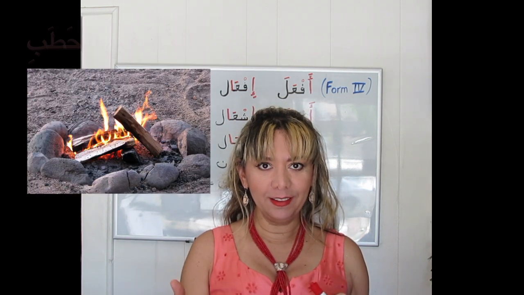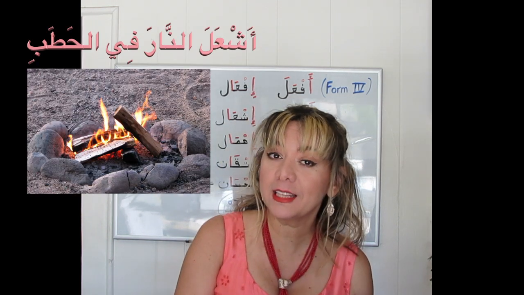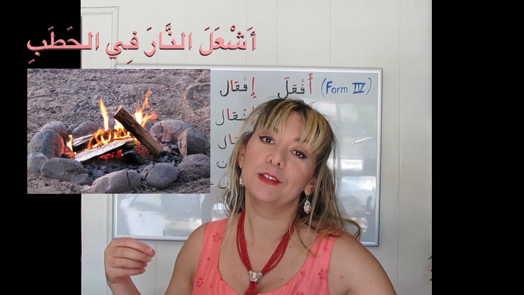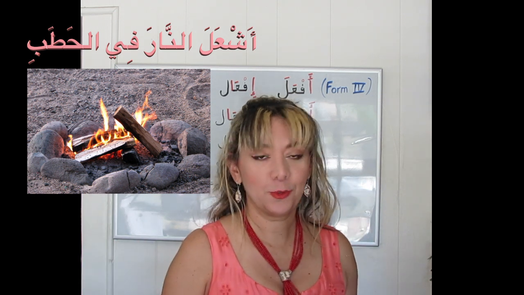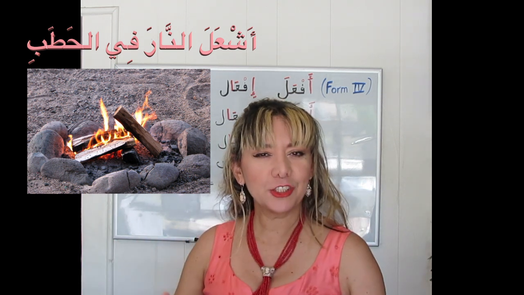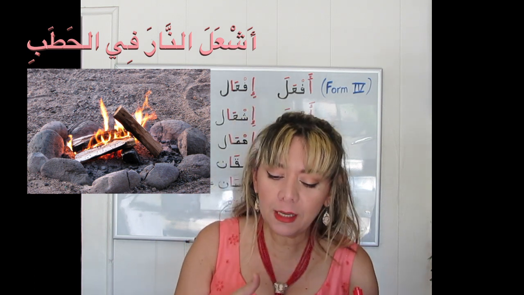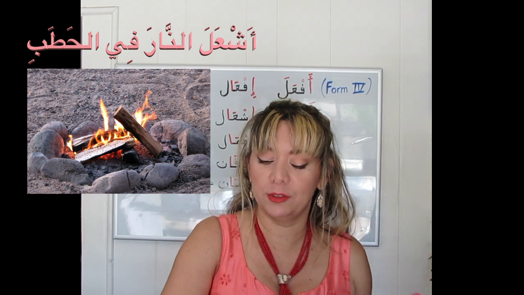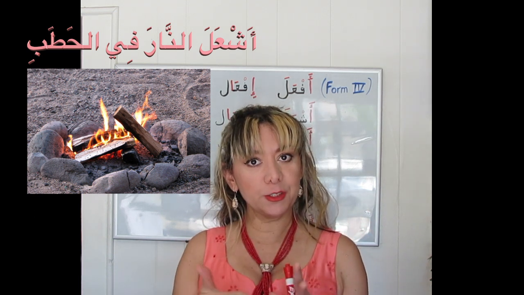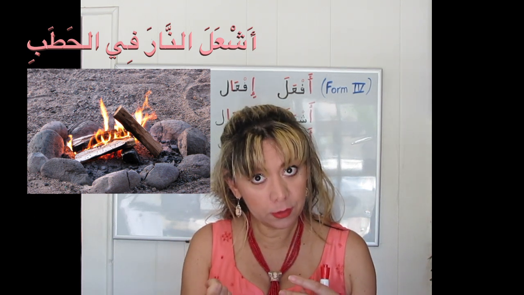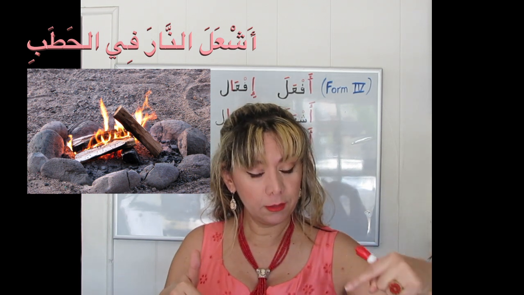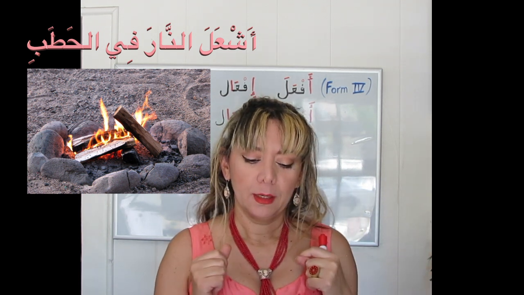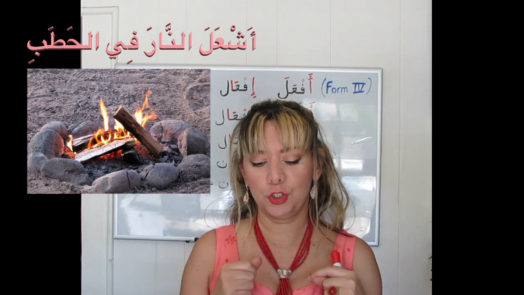أشعل النار في الحطب. We're elongating the sentence for advanced learners. الحطب, the wood, the firewood. He set fire to the wood. He lit a match.